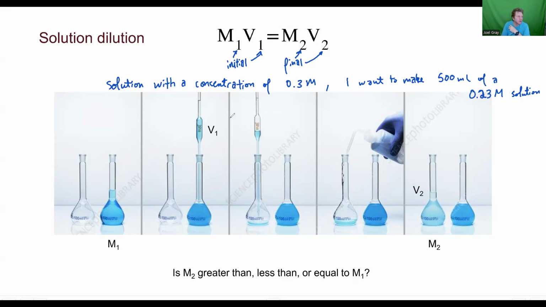So what we would do in order to set up the equation, we would say our initial concentration or our initial molarity, 0.3 molar, times V1 equals 0.23 molar times 500 milliliters.